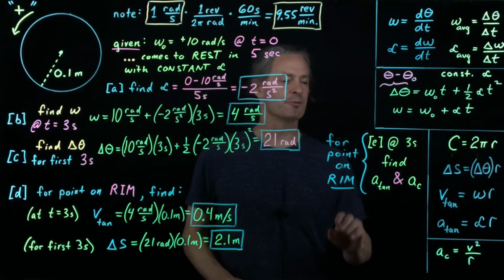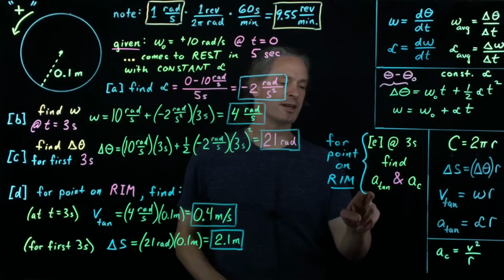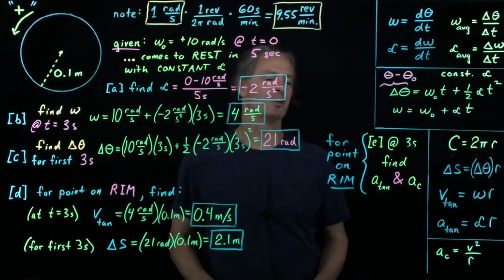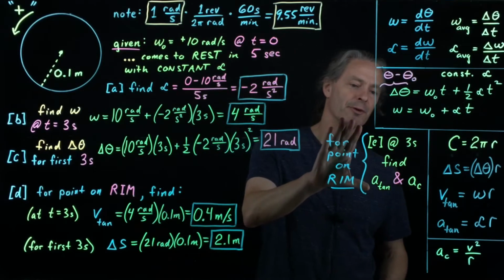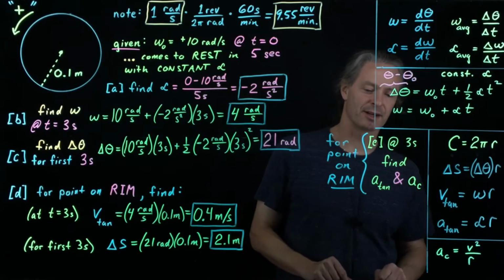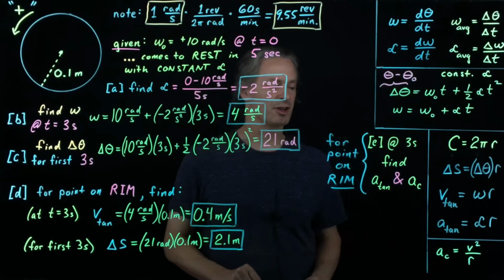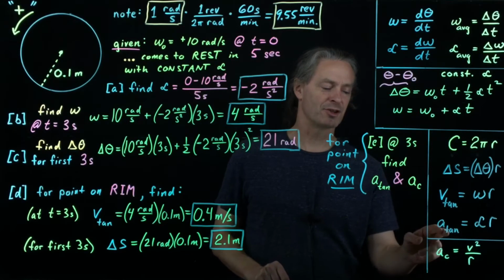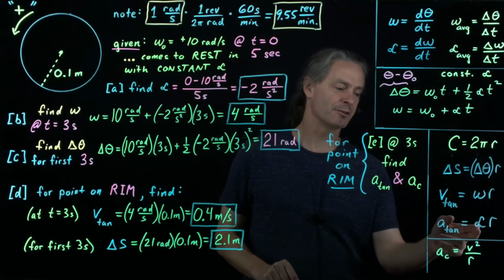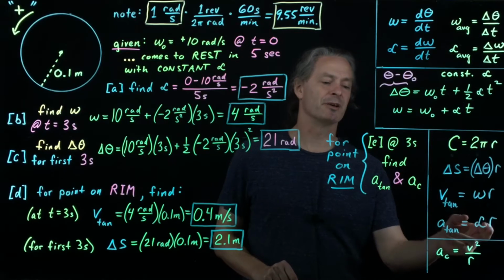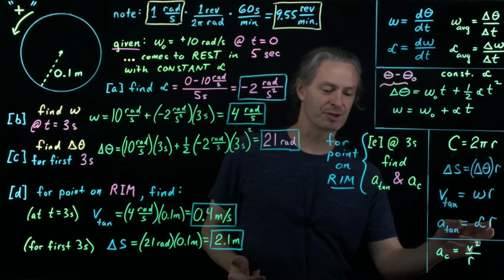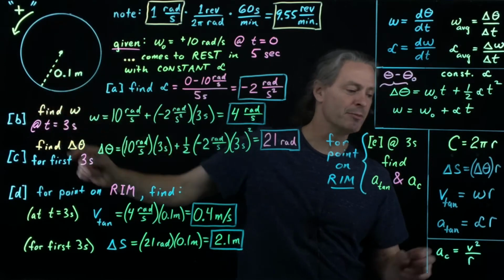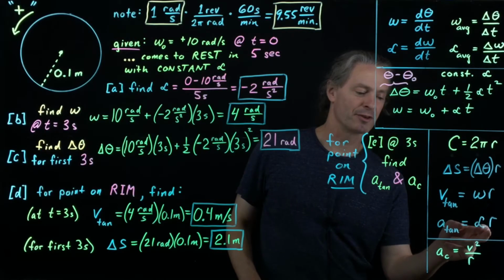All right, let's move over here and consider the tangential and centripetal acceleration for a point on the rim at time t equals 3 seconds. First, the tangential acceleration we can get from this expression. So the tangential acceleration will be the angular acceleration multiplied by the radius for whatever point we're considering. We're considering a point on the rim, so we'll want 0.1 meters for that radius.